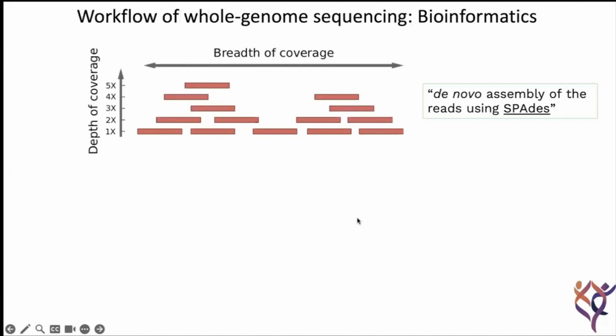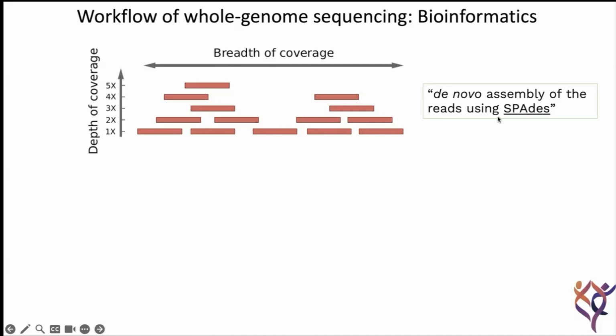So what the sequence providers have done very kindly for us is that they've carried out a series of bioinformatic steps, a workflow that takes those reads and using de novo assembly can recapitulate the genome based on those raw reads.